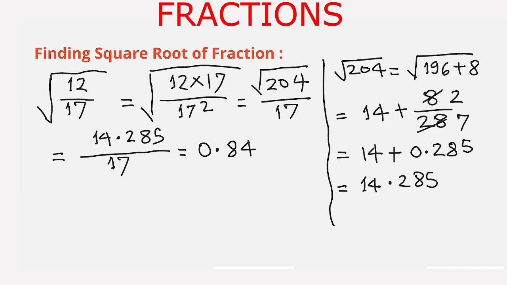So we write 4. Now we carry 5 and 5 is not divisible by 17. So we put 0. So the approximate value of the square root of 12 upon 17 is 0.840 or equal to 0.84. This way we can find the square root of any given fraction.